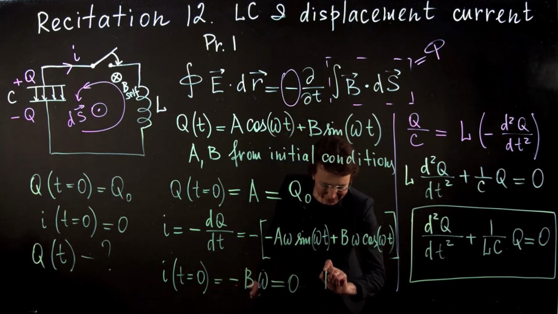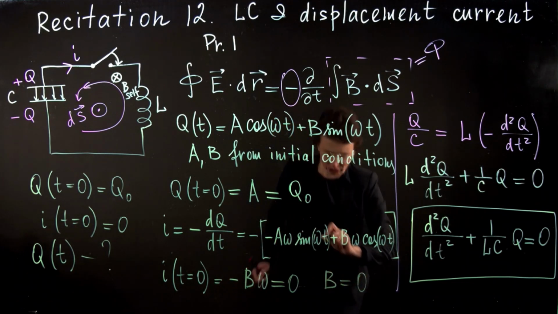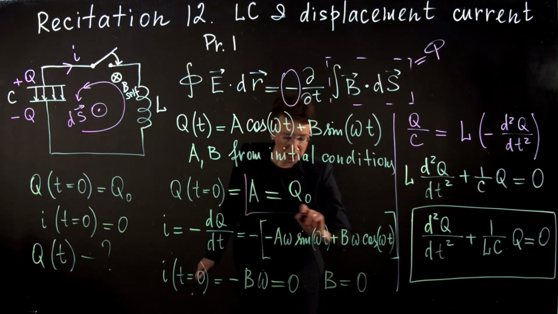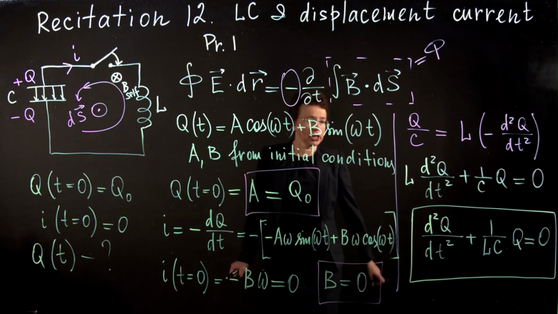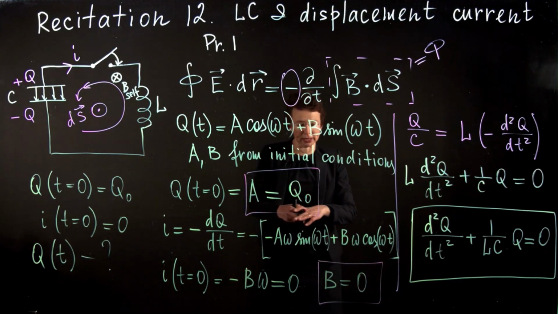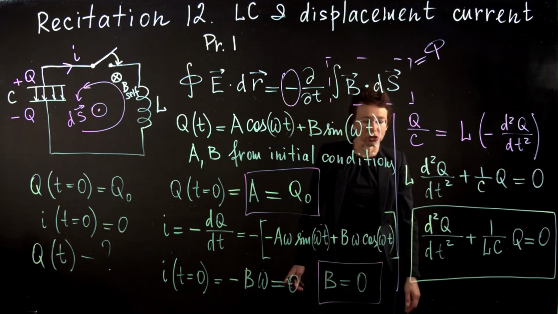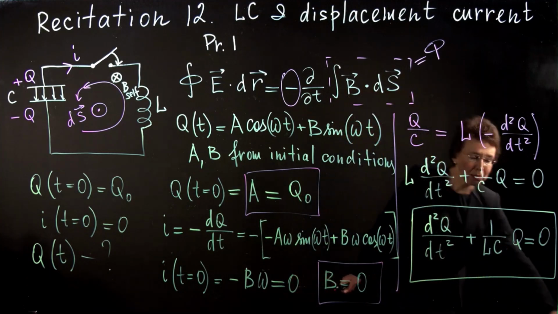So B is 0. We found A and B. So now I can rewrite my solution. I know already that B is 0, and I can rewrite my guess.